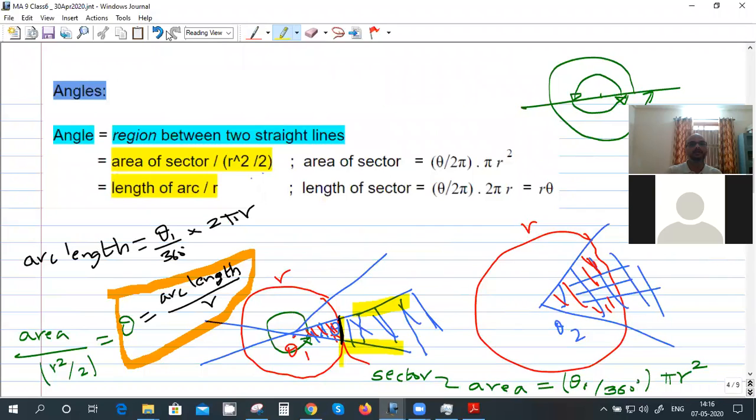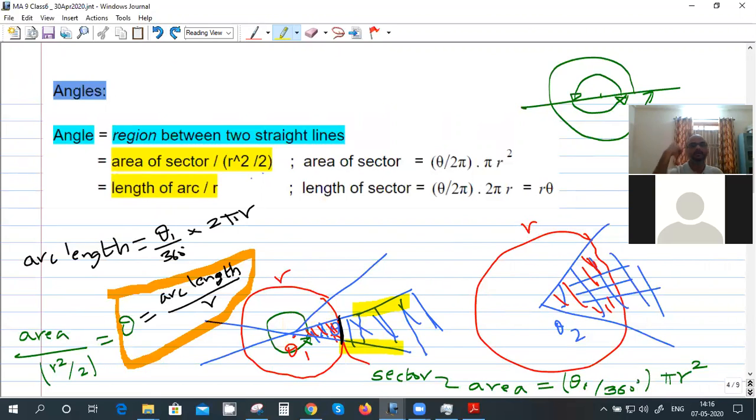Yes. So if that arc length is more, then the region between the lines is more, right? They are in proportion.